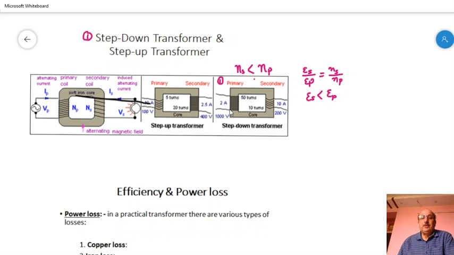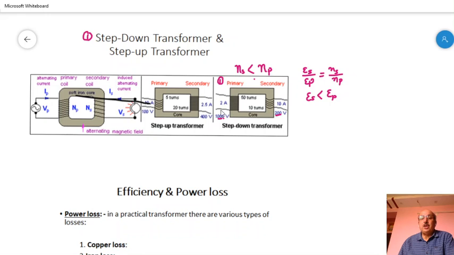In this case, the voltage we are taking at input side, that is in primary coil, is 1000 volt, and we are getting voltage at output side, that is 200 volt, because the ratio of turns is 50 by 10. So 1000 by 200 is 50 by 10, that is 5:1.